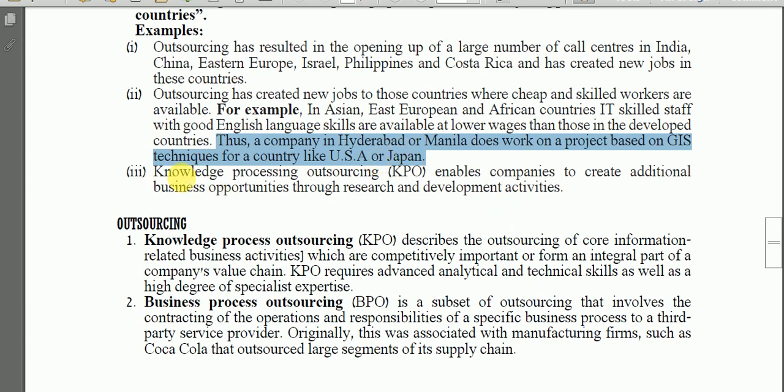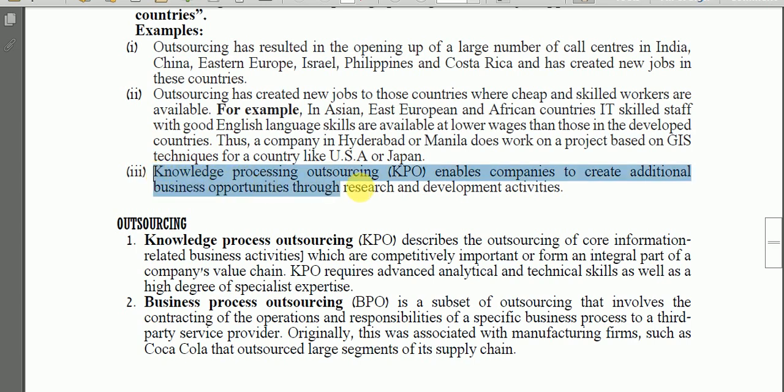And the last important point is here: knowledge process outsourcing, KPO, enables companies to create additional business opportunities through research and development activities. We are going to discuss KPO also.